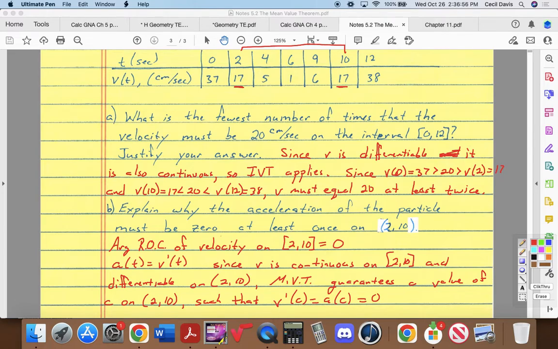At some point, the instantaneous rate of change of velocity has to be equal to the average rate of change of the velocity.